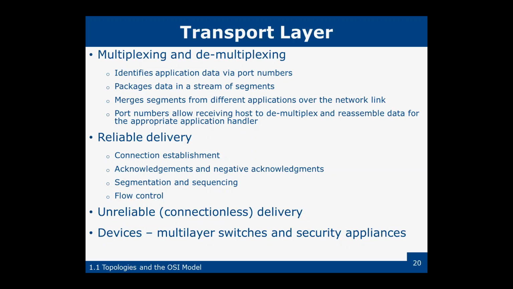On the highway, we can talk about the bus, and when we talk about duplexing, one-way or two-way, think about an interstate or a one-lane bridge. Port numbers allow the host to demultiplex and reassemble the data, and when we talk about TCP/IP, we'll talk about port numbers and why they are significant, what they mean to the whole system.